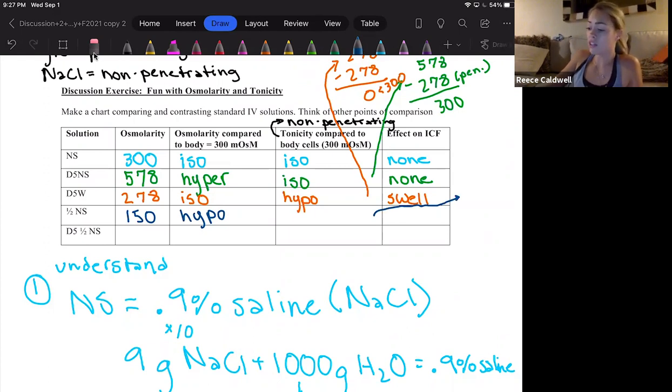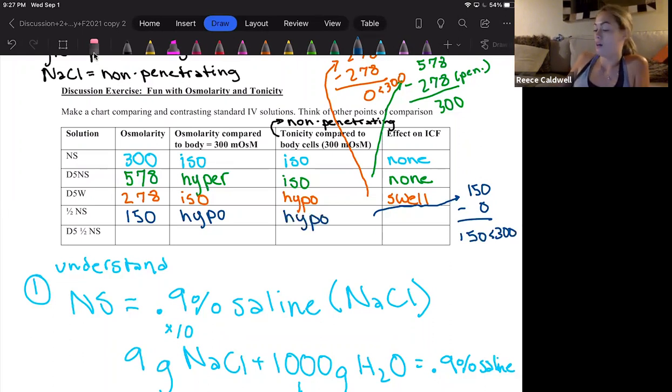We have that 150. We subtract our penetrating molecules. However, we don't have any penetrating molecules here. Normal saline is non-penetrating, so we don't subtract anything. So we're left with 150. That's still considerably less than 300, so this will continue to be hypotonic. A hypotonic solution that will cause the cell to swell.